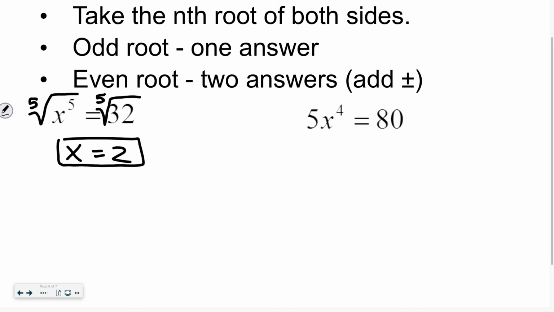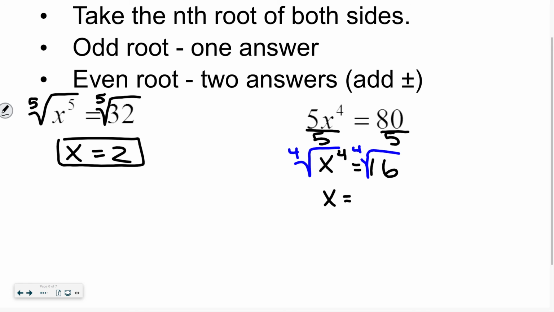If I was doing 5x to the 4th equals 80, I wouldn't start by fourth rooting because I don't know the fourth root of 5. So start by dividing. Okay, get that x to the fourth alone. So x to the fourth equals 16. And now I will take the fourth root of both sides.